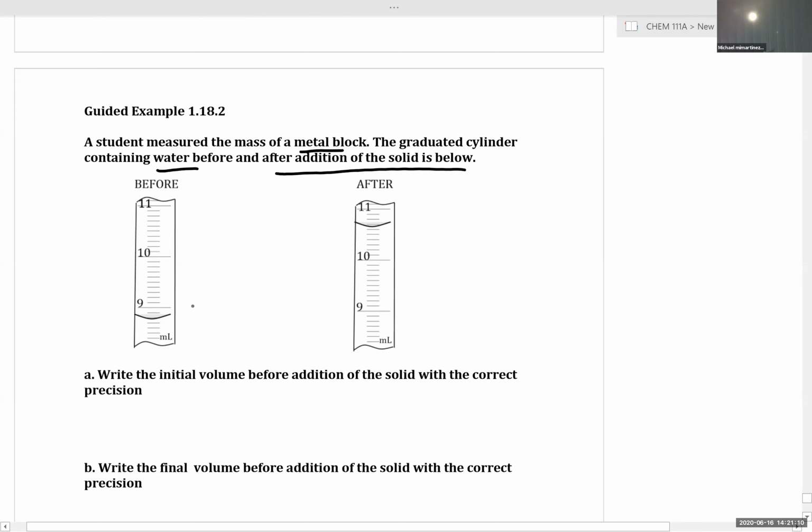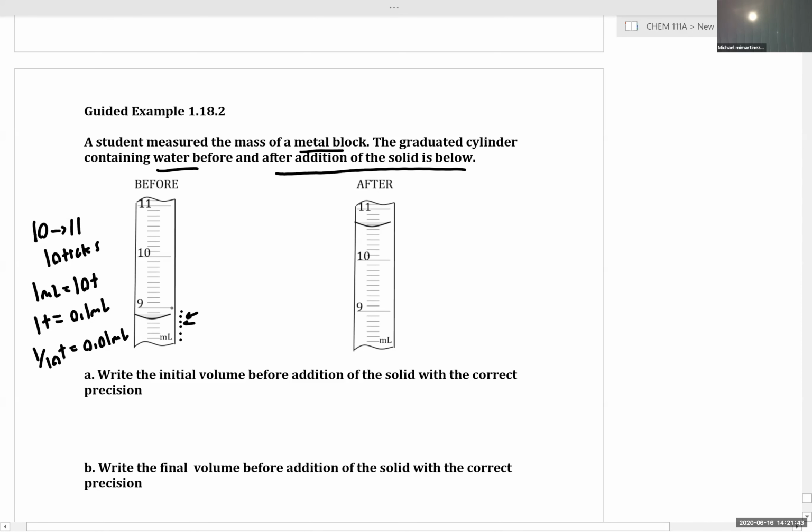First and foremost, I'm going to do some tick mark analysis. From 10 to 11, it takes me 10 ticks. So 1 milliliter is equal to 10 ticks. 1 tick is 0.1 milliliters, and a tenth of a tick is equal to 0.01 milliliters. So 1, 2, 3, 4, 5, 6, 7.